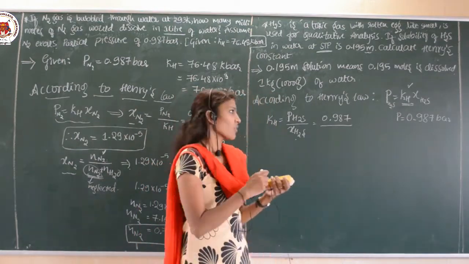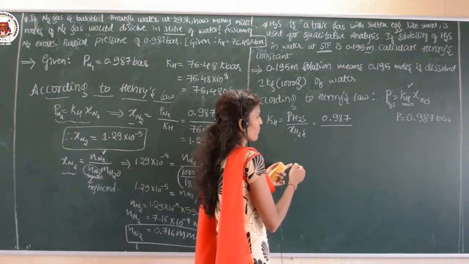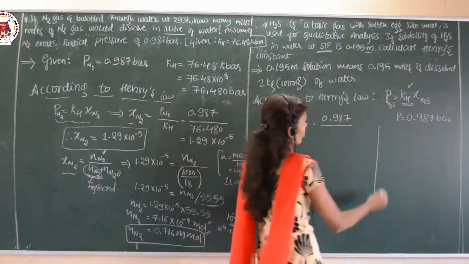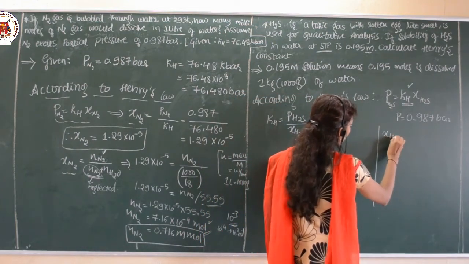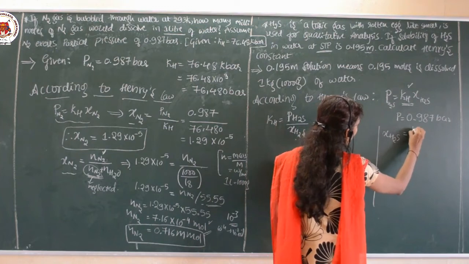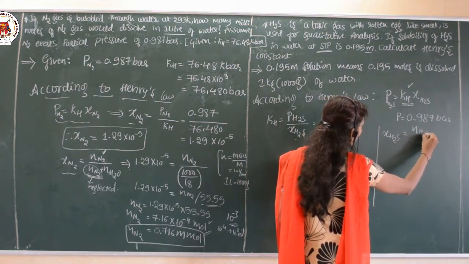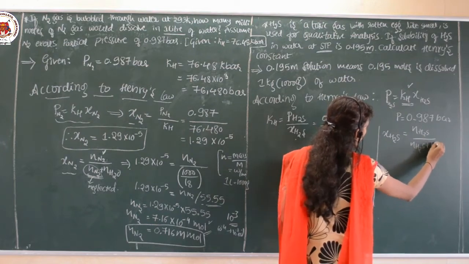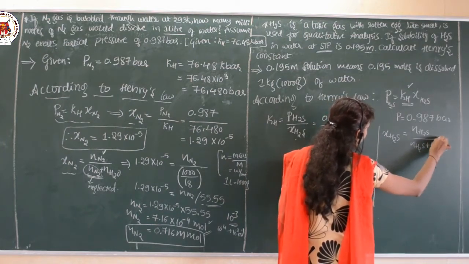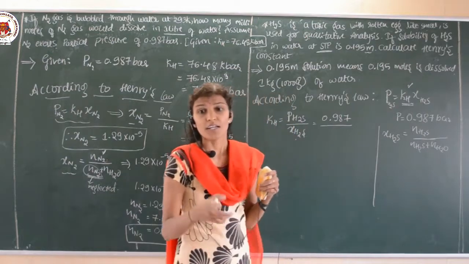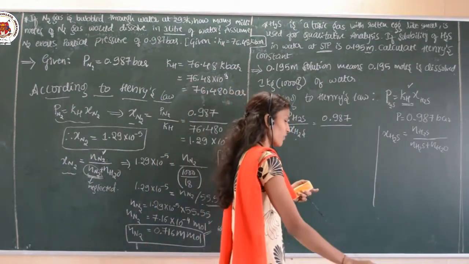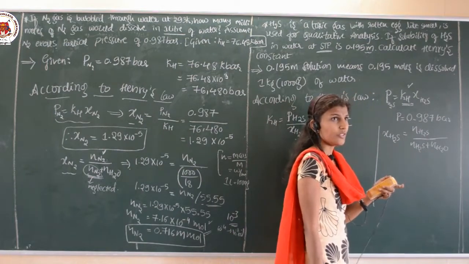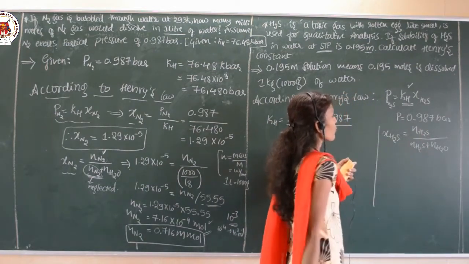As you know, XH2S I will calculate separately here, or else there might be some confusion. XH2S is equals to nH2S divided by nH2S plus nH2O, that is the number of moles of hydrogen sulfide divided by moles of hydrogen sulfide and water. So, how to find the number of moles of H2S?